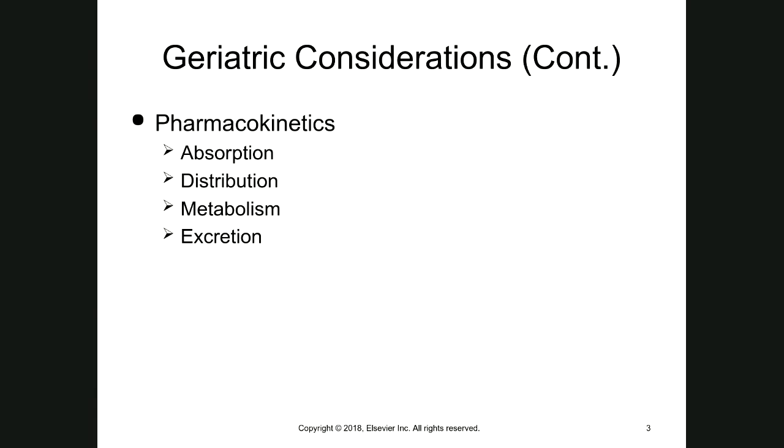So dosages should be adjusted according to, of course, the weight, like I said, the lab results, and the comorbid health problems. Drug toxicity may develop in the older adult at dosages that are within the therapeutic range for a younger person.